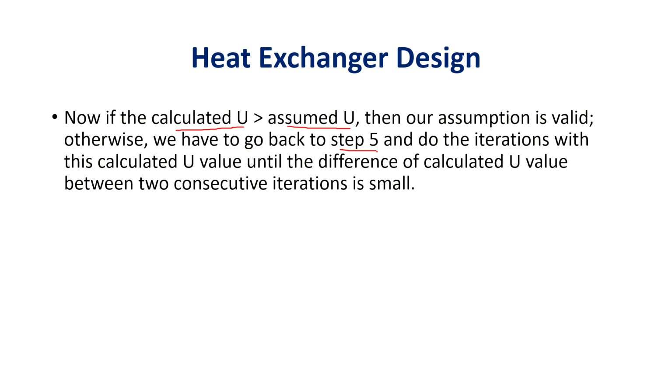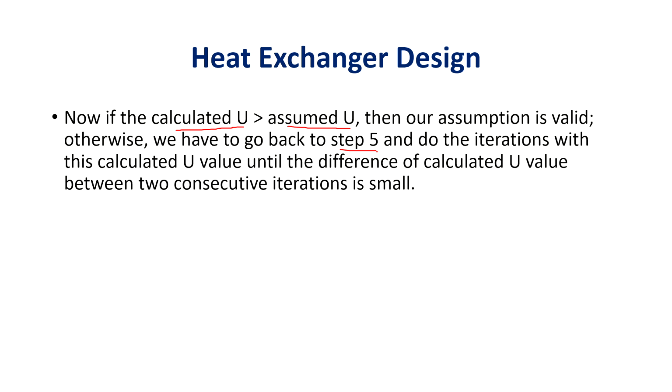If we know the provisional heat transfer area, from there we can calculate the number of tubes, and from there we calculate one by one the baffles, the tube pitch, tube bundle diameter, then the shell inside diameter and the baffle spacing, because we want to calculate the shell side Reynolds and Prandtl number.